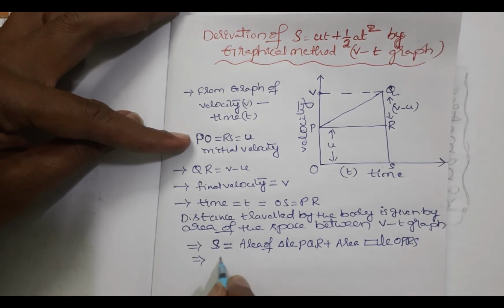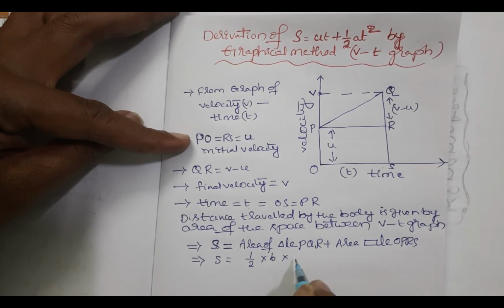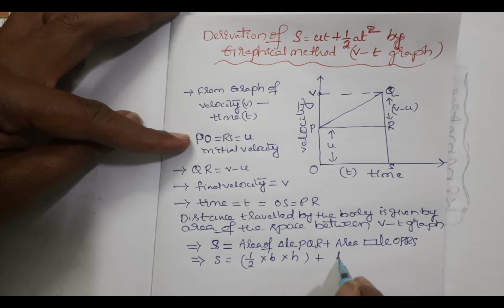This implies S equals the area of the triangle, which is half into base into height, plus the area of the rectangle, which is length into breadth.